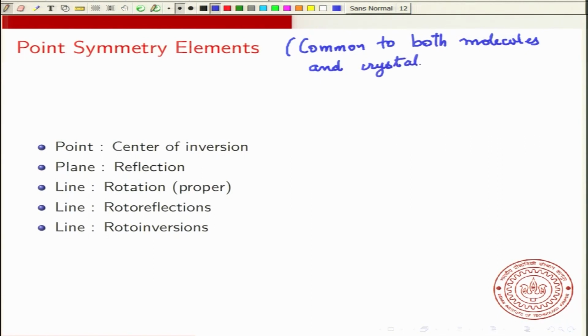Unlike molecules, which consist of just a few atoms, crystals consist of infinitely many atoms, but they are arranged in a particular way.